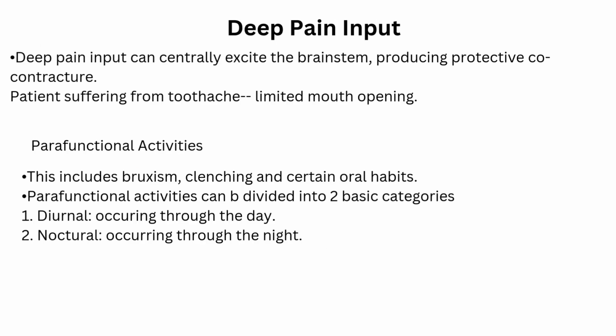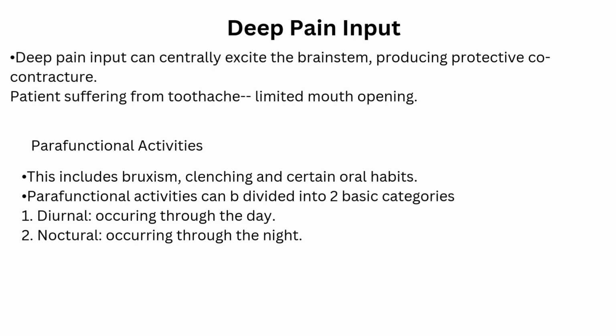Coming to the deep pain input, they can centrally excite the brainstem, producing protective co-contractures. Alright, mainly occurring in parafunctional habits. Other than that, for example, a patient may come with limited mouth opening because of toothache, and he may complain that he is not able to open the mouth because of pain.